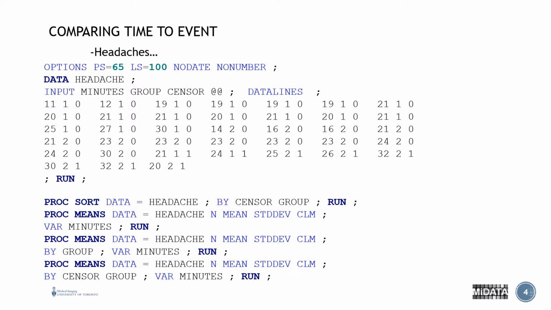So what does a censor mean? The censor is simply a binary variable that indicates whether or not a given subject has been censored. And when you have what's called a right censor, which is most of the time, it means that the participant is no longer available for measurement.